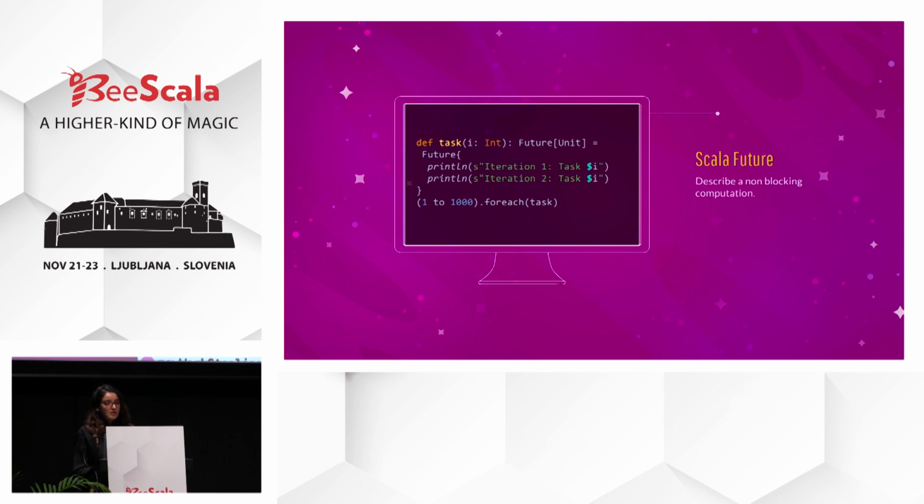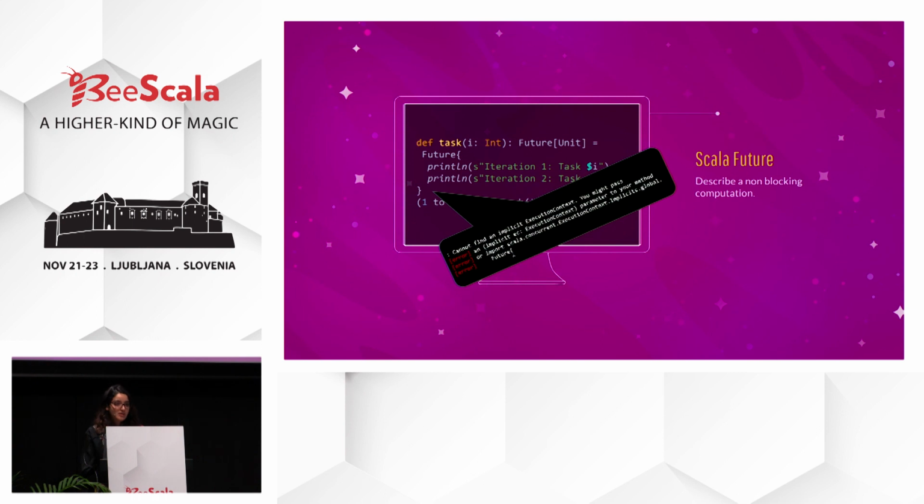So in Scala, we describe our parallel computation using Future. We can put our instructions and create our future. But it requires an execution context to define where you would like to execute your task and how many resources you would like to take advantage of.